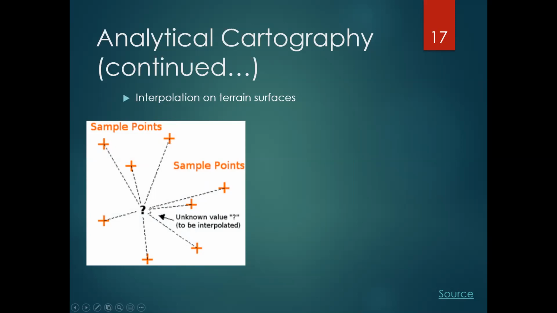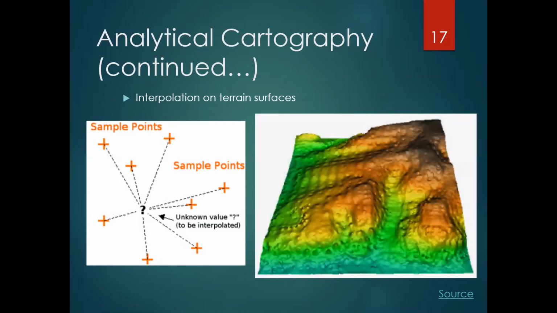Why is this important? Because usually in remote sensing, for example, this is a DEM image showing the different elevations at different places. Usually when we're sending people to the field to collect elevation data, we cannot sample too many points.